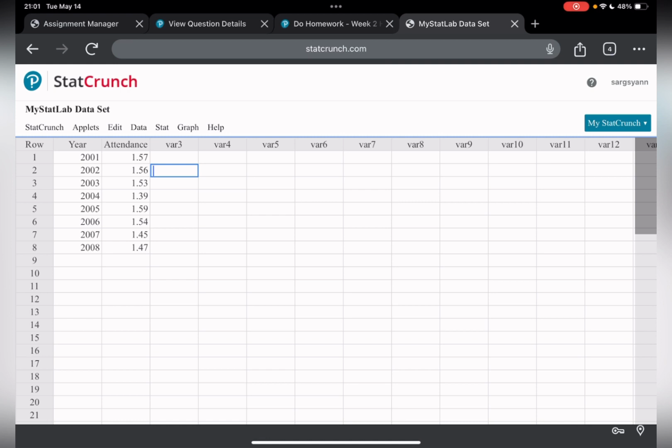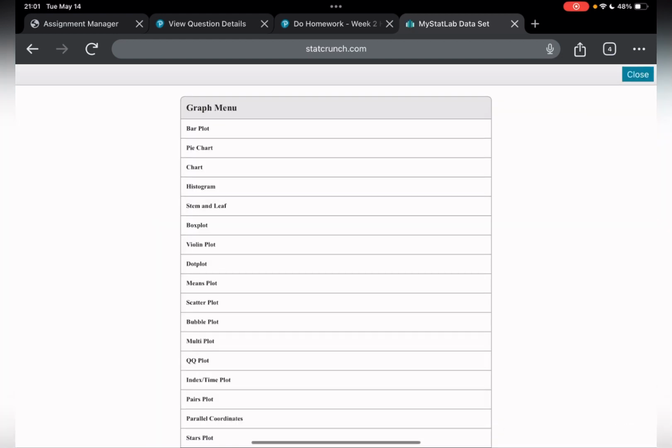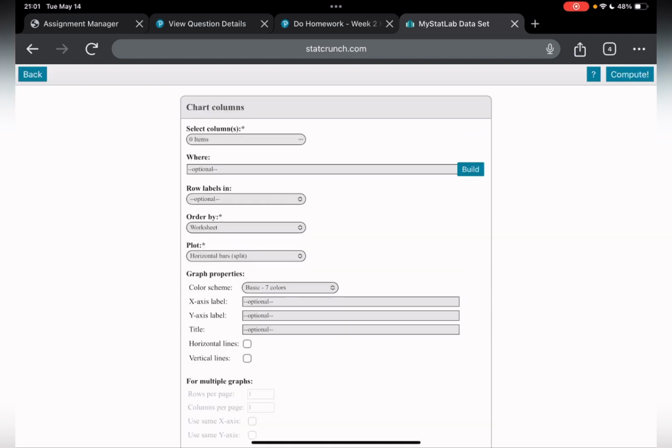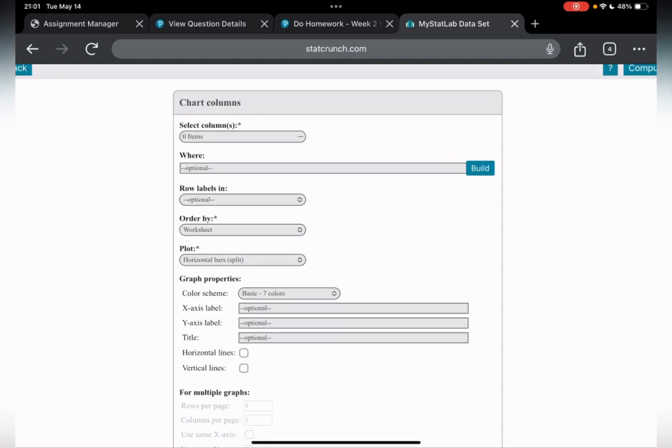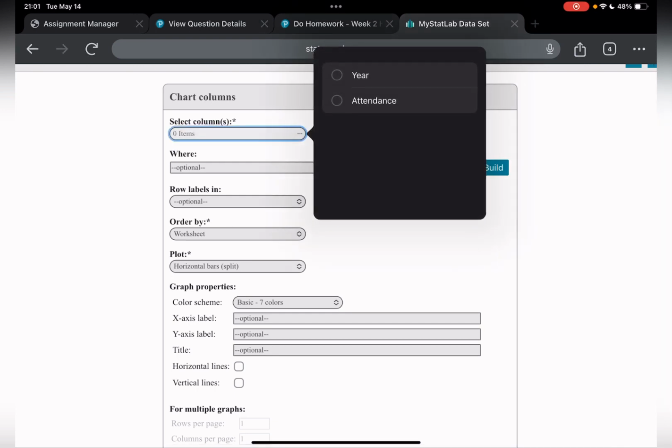It doesn't let me type. Anyway, here you type the average, and then click graph, then chart, and column. In this case, you choose as a column the average. Here it will show up.